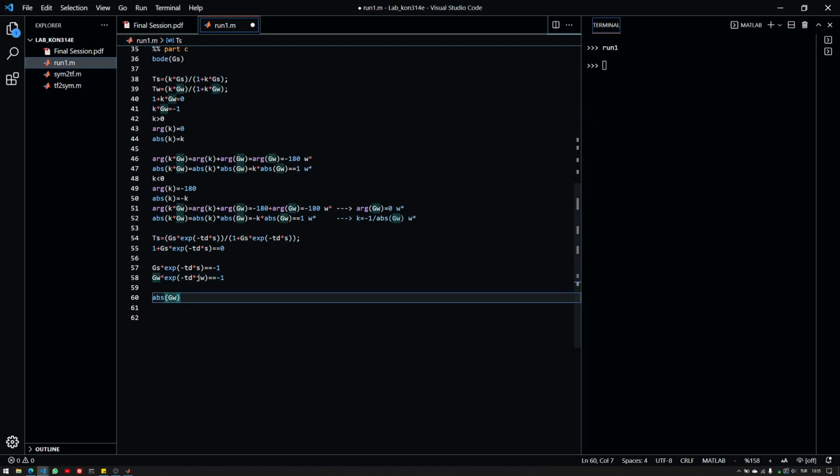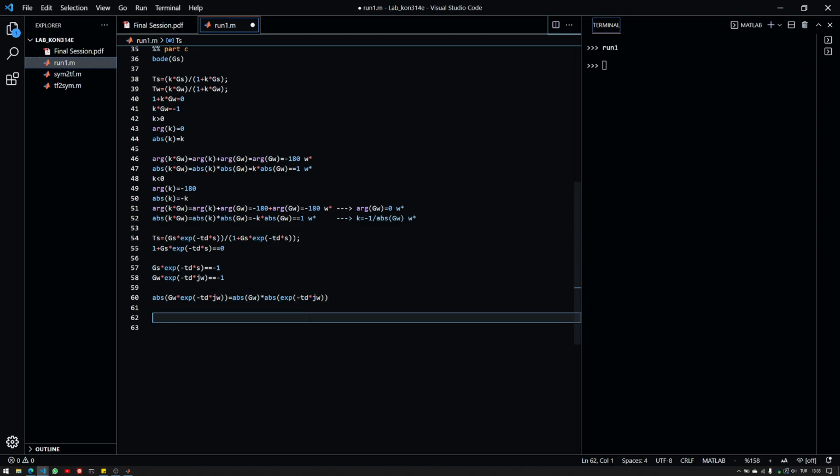Now, the absolute value of this times this. If you remember, you can see that the exponential term is given here, and the absolute value of these would correspond to the multiplication of their absolute values.